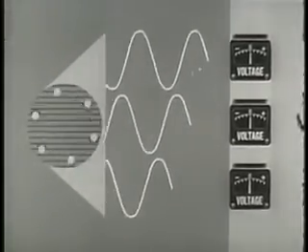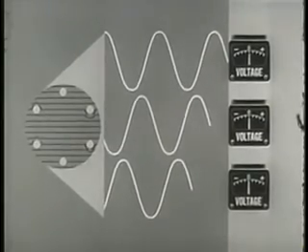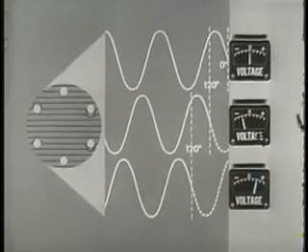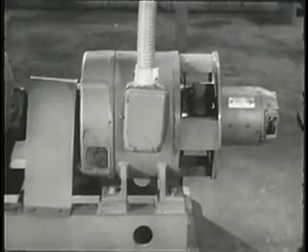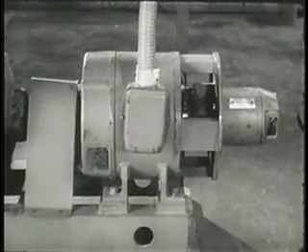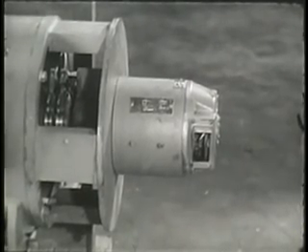The output of the three-phase generator, therefore, will be 3 AC voltages 120 degrees out of phase. The field of an AC generator is always excited by a DC voltage, in this case by a small DC generator in tandem.